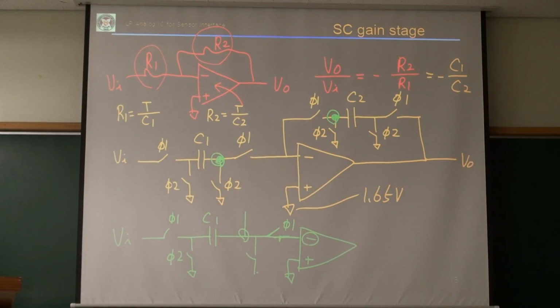During phase 2, it's connected to the reference node, right? So I can write it like that. So this is VO. This is called switch sharing. The switch is shared.